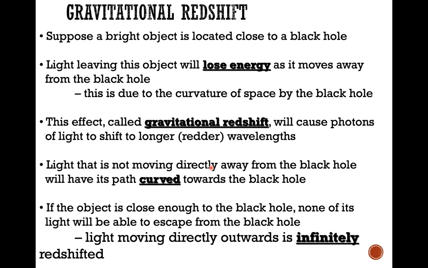Now, light that is not moving directly away from the black hole will have its path curved towards the black hole. If the object is close enough to the black hole, none of its light will even be able to escape from the black hole. And that is what we call infinite redshift.